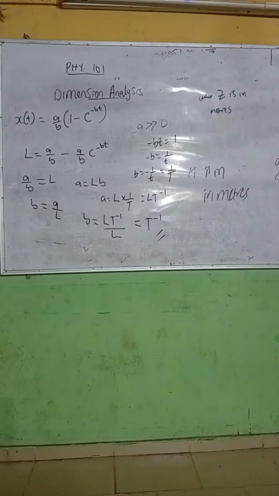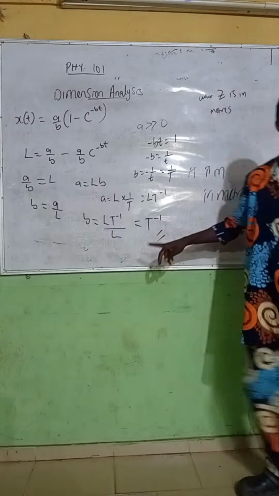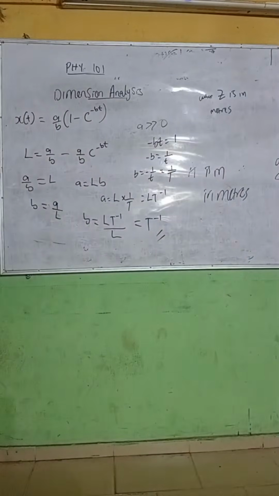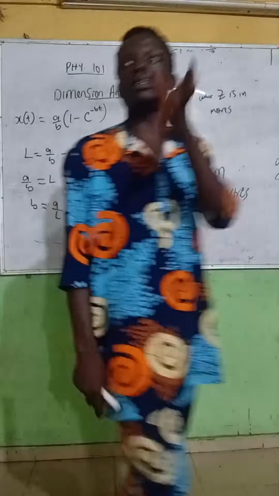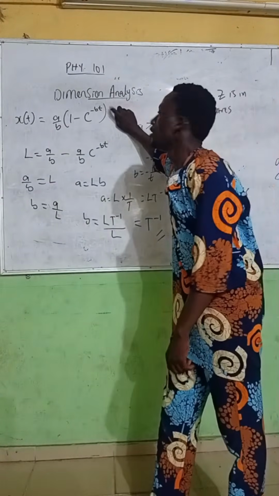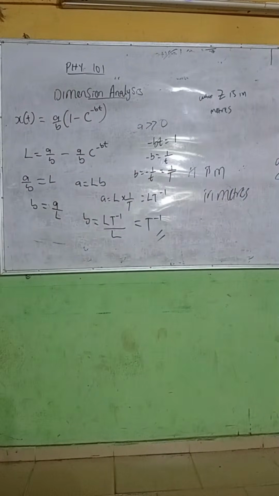Why did you write X as a bracket? Why not LT? They are saying the displacement depends on time. It's not that you are multiplying. It's a function of time. That is, if you have your T, you can just substitute T here. I can write my displacement to depend on something else that is not time.